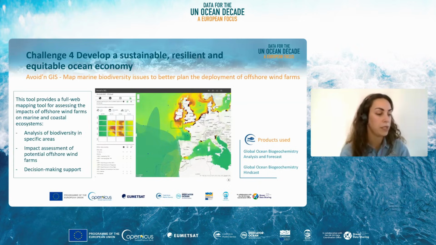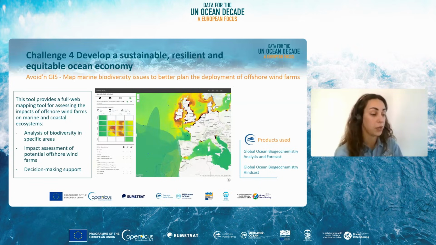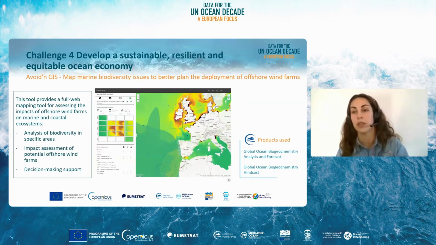It evaluates these impacts, helps identify the best locations for wind farms by analyzing biodiversity and proximity to protected areas. And you can see here on the screen, if you work on similar topics, there's a list of products that were used in this tool and that could also be useful to you.